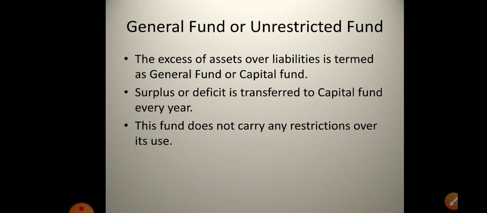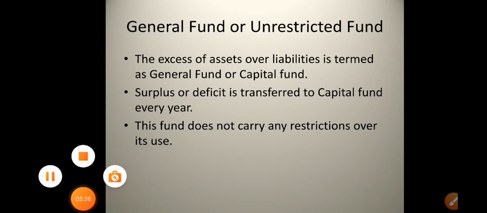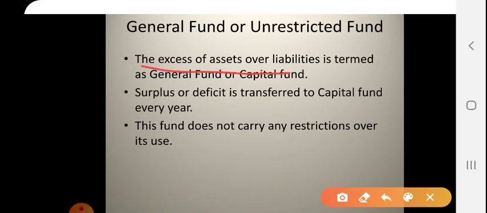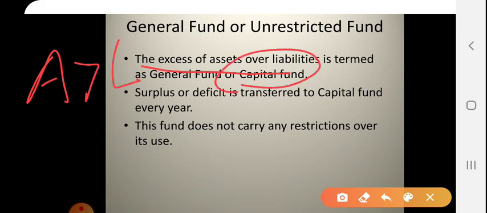Now this is all about general fund, which means capital fund. What is the capital fund? It is the excess of assets over liability. If assets are more than liabilities, the difference is called capital fund. It is similar to capital, which we studied in class 11th under the single entry system.